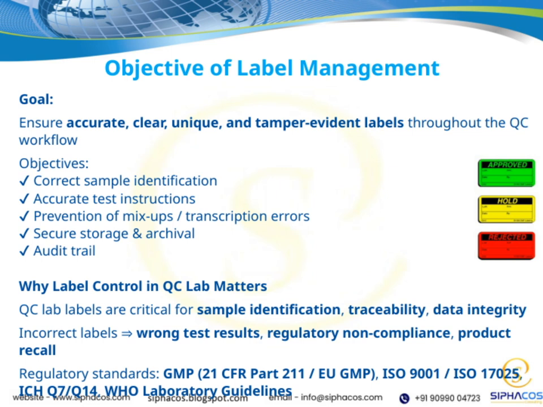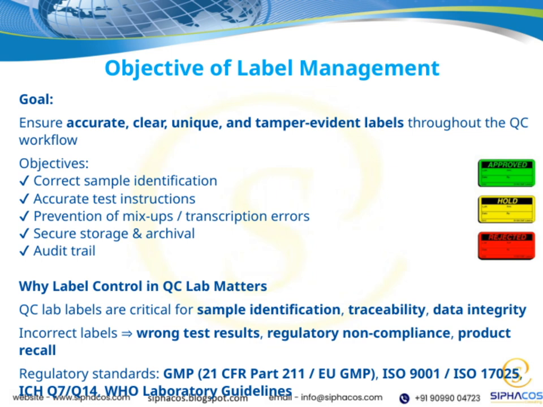any changes or issues. Now, why does label control matter so much in the QC lab? Well, labels are crucial for sample identification and traceability. They help ensure data integrity, which is key for reliable results. If labels are incorrect or unclear, it can lead to wrong test results, which might cause regulatory noncompliance or even product recalls.